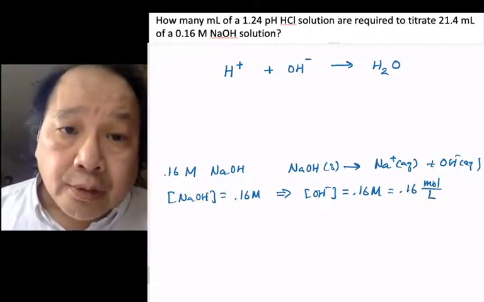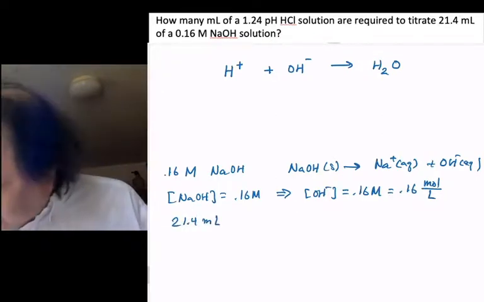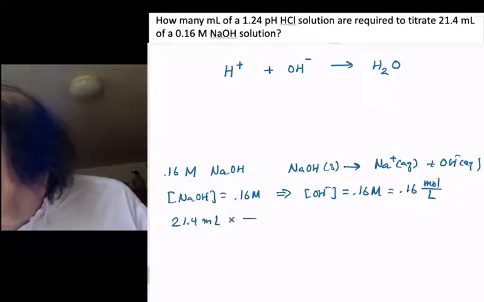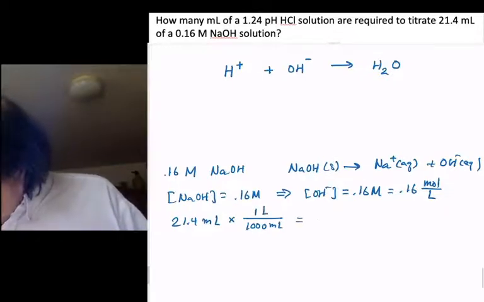And how much NaOH do we have? It's 21.4 mL. Well, the former thing was in liters, so we need to convert. 1,000 milliliters is 1 liter. And so when you do the math, you get 0.0214 liters.